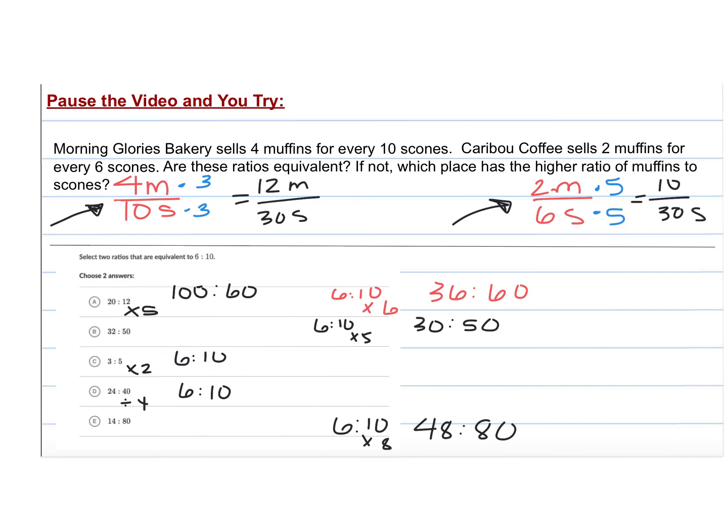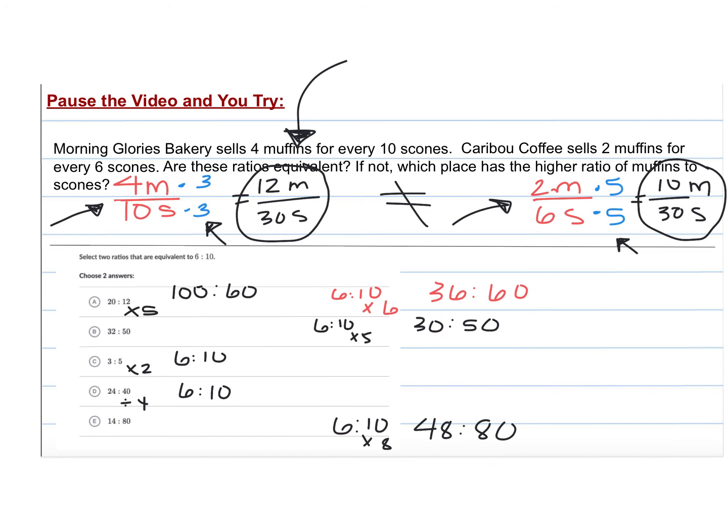So I multiplied this both by 3, this both by 5, and I got 12 muffins for every 30 scones at Morning Glory's and 10 muffins for every 30 scones at Caribou Coffee. So we know that they are not equal, and we can see that Morning Glory's has a higher ratio because for the same amount of scones at Morning Glory's and Caribou, you can get more muffins at Morning Glory's.